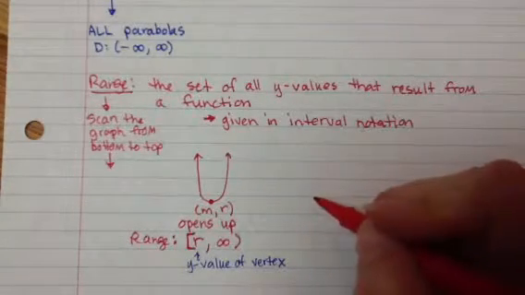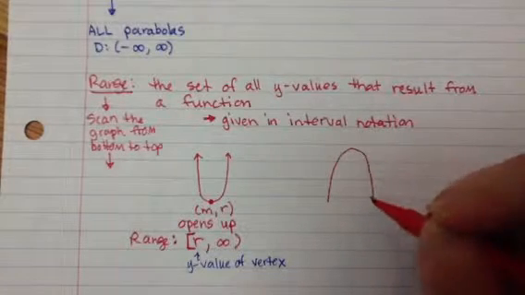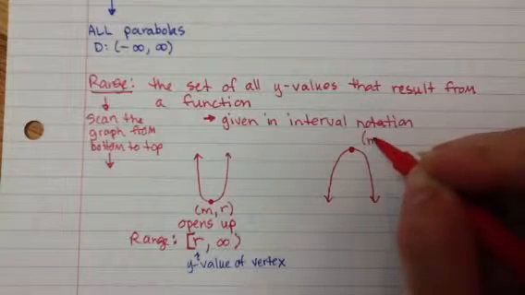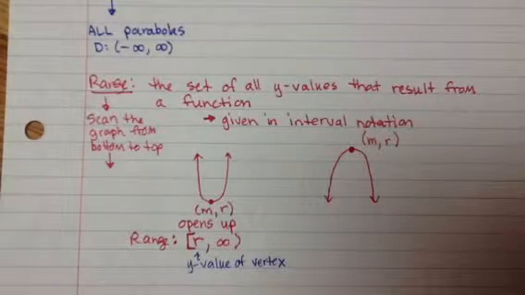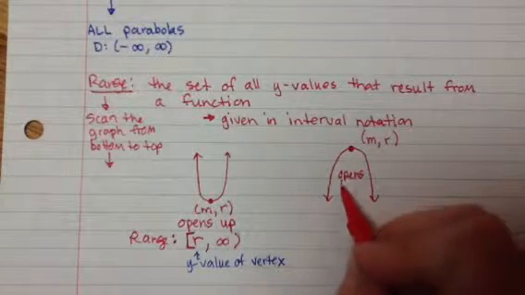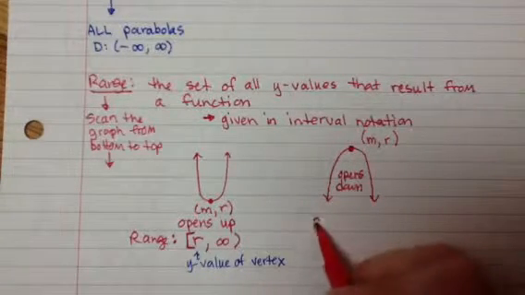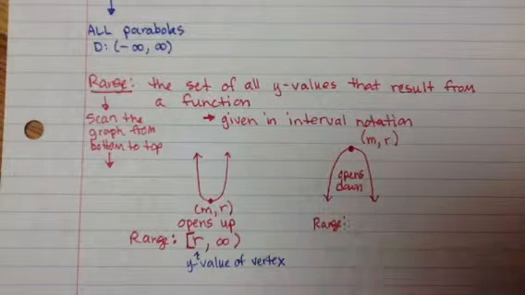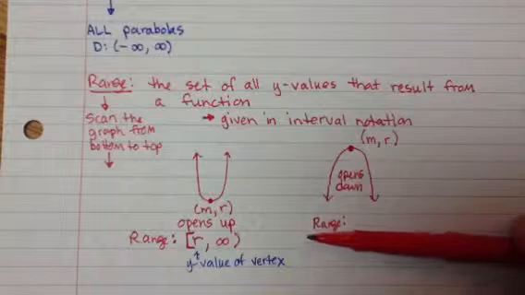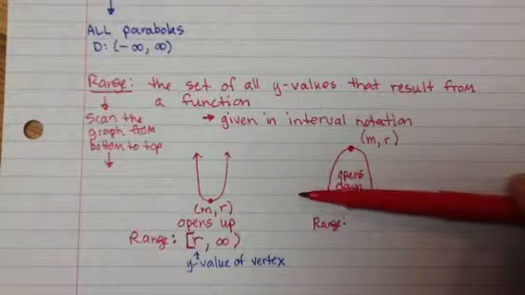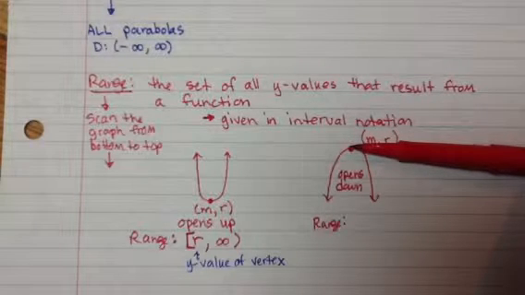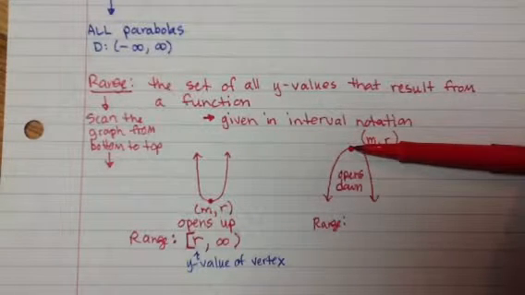Then if your parabola opens down, let's give it the same letters, M and R. When the parabola opens down, if we scan bottom to top, down at negative infinity there is lots of parabola because it keeps going, all the way up to this value right here, which is the last y value on the graph.